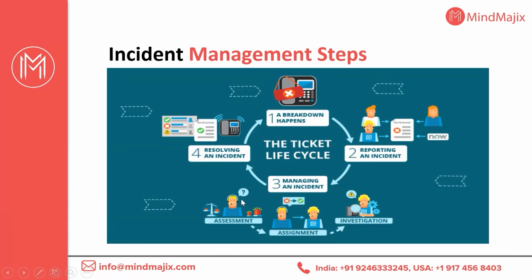And then assessment happens, where the team who can solve the problem will assess it and try to resolve it, or talk to other teams and get it resolved. And then resolving an incident will happen. It can be a recurring process, or it could be a non-recurring process. We have to go for the non-recurring process. Okay. This is how the incident management steps look.